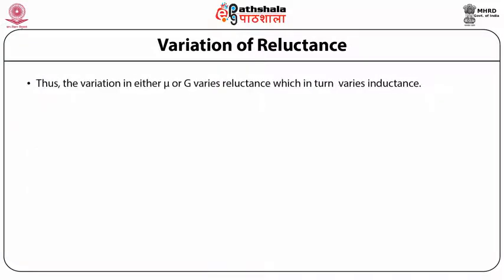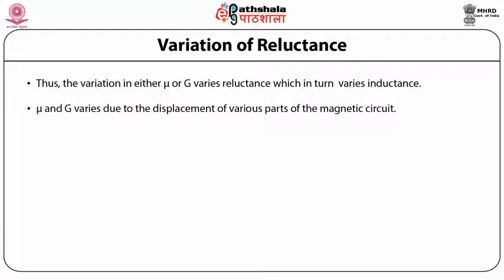Thus, the variation in either mu or G varies the reluctance, which in turn varies the inductance. Mu and G vary due to the displacement of various parts of the magnetic circuit. So the resulting change in the inductance can be measured to find the displacement.